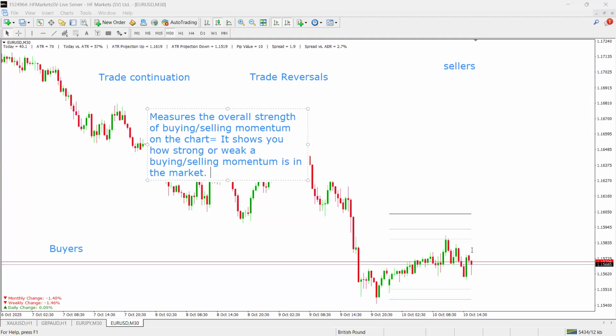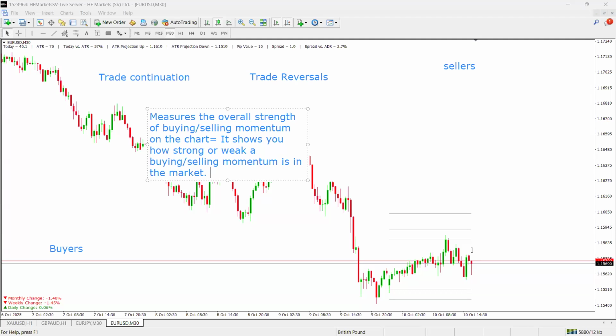So if I find a ranging market on a particular asset, it's probably not going to be the best to go and call stoch in that regard. Do you get what I'm saying? It's probably not going to be best to go and call stoch and say, stoch, come and tell me something about how strong or how weak the momentum of this range is. It's not majorly created for ranges.